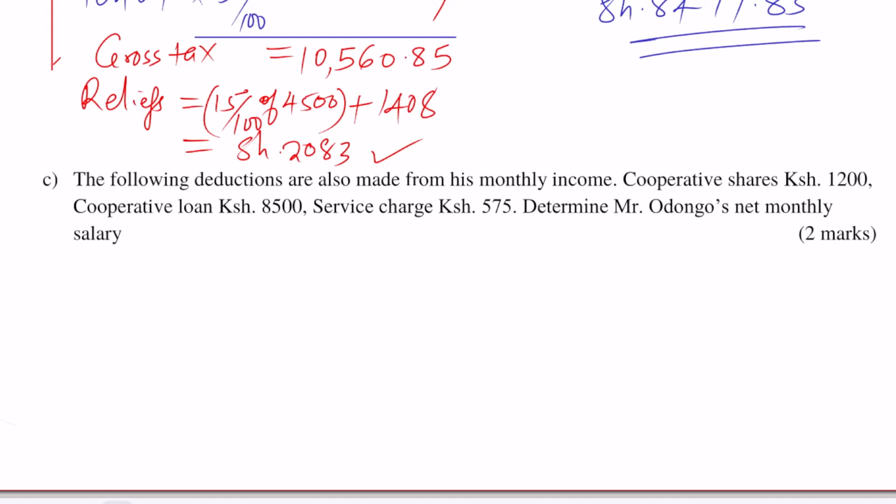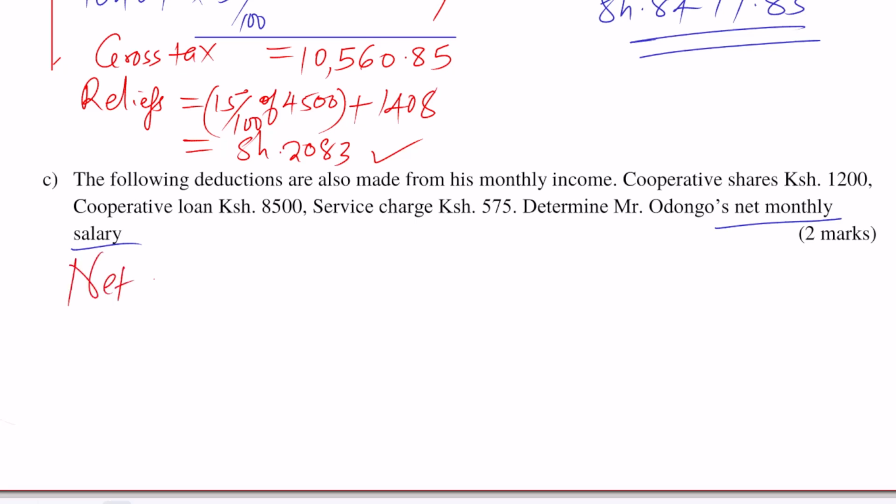The last part, the following deductions are also made from his monthly income: cooperative shares, cooperative loan, service charge. You're supposed to determine Mr. Adongo's net monthly salary. So this is how we get the net salary.